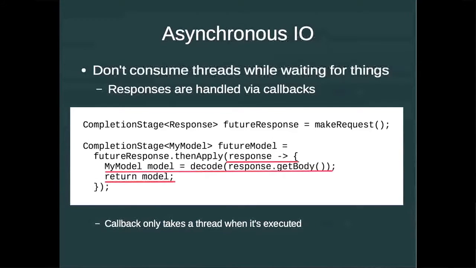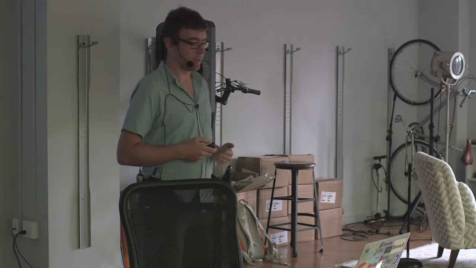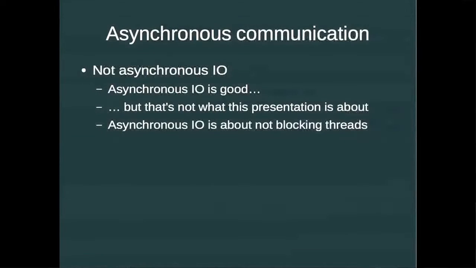That callback won't be executed immediately because the value is not there. After attaching that callback, the thread that's doing this will return to the thread pool or go and do something else. And then when the value of the response of the future is redeemed, a thread will be pulled out of a thread pool somewhere and will execute that decode function. So asynchronous I/O is about not blocking threads.